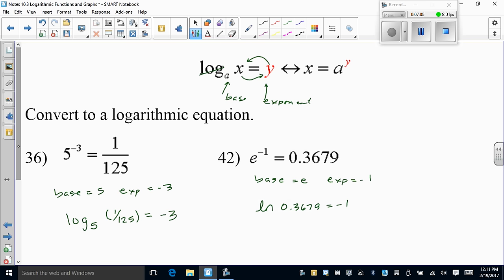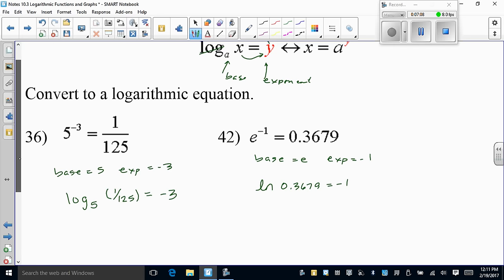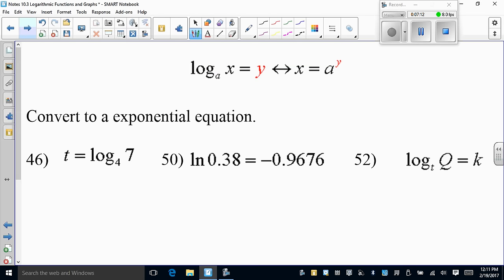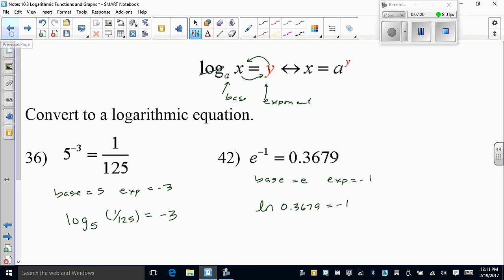And a few more. So still the same idea. So on this page we went from exponential to logarithm, and logarithm to exponential.